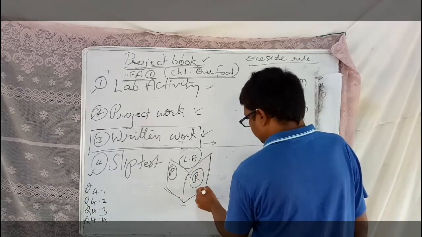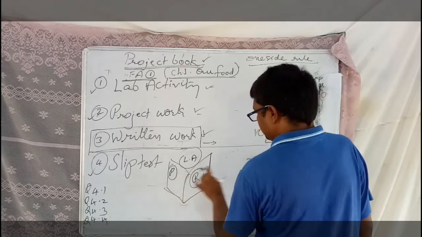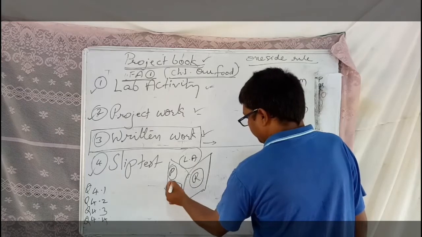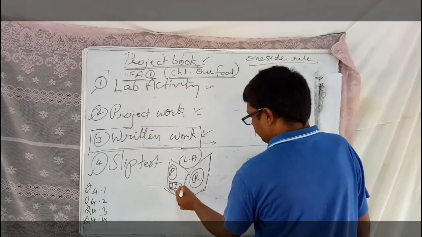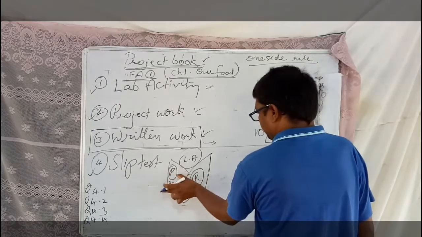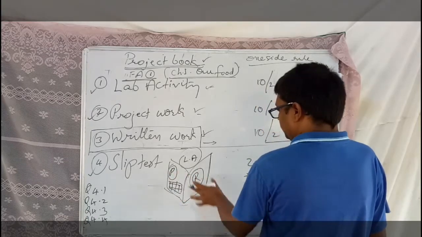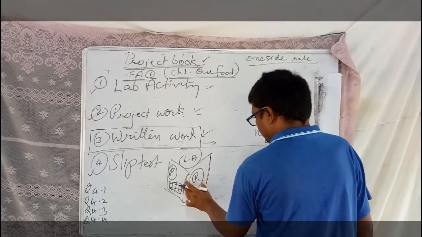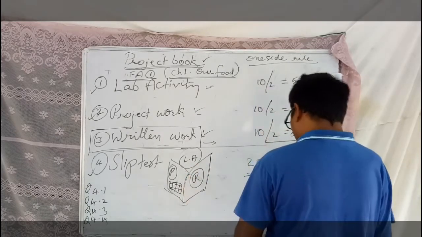The matter should be on the ruled page, plain page should be left. If there is any table or any diagrams, if an information table, that should be written on the plain page. The written matter, whatever you have, should be written on the ruled page.